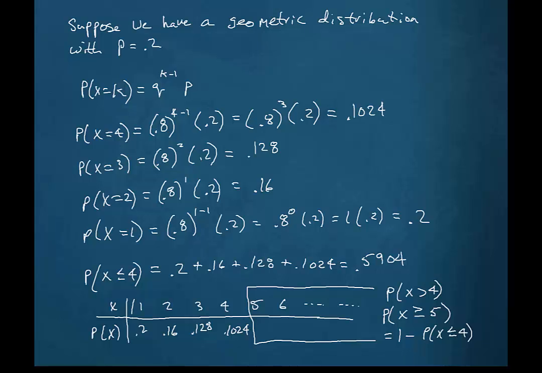Subtract all of this off, and I'm left with all of this, which is actually what I was looking for. So that's going to be 1 minus 0.5904, which is going to be 0.4096.